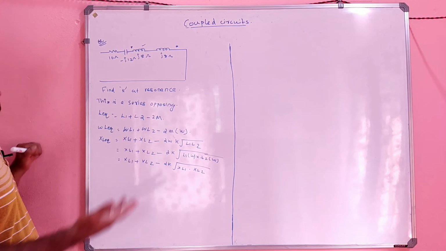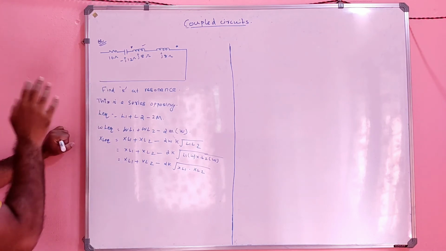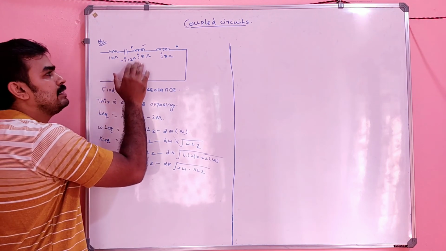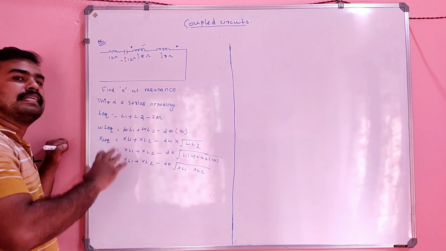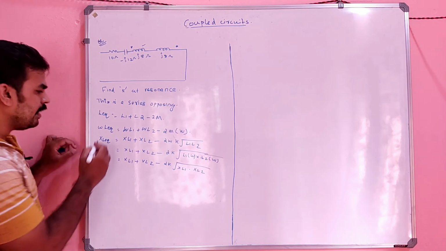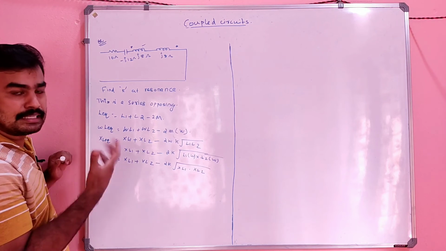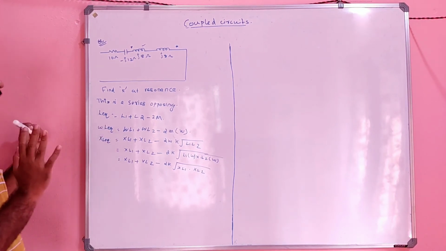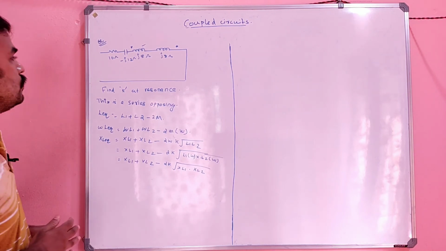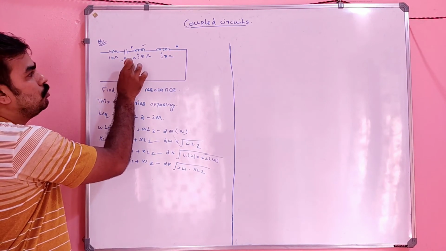And it is given in the capacitive circuit, in the RLC circuit. Resonance happens only when XL equals XC.